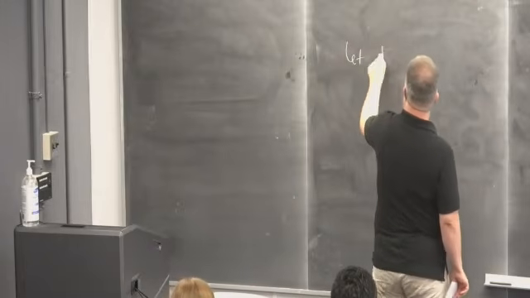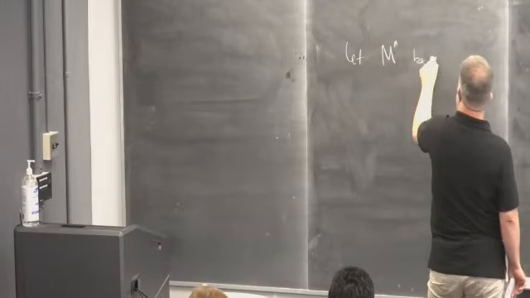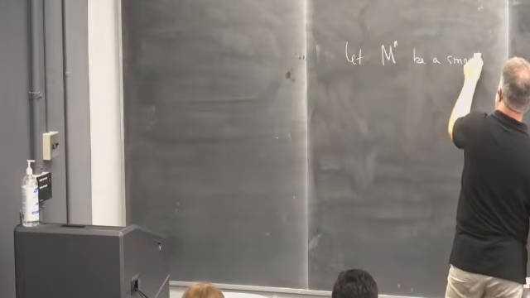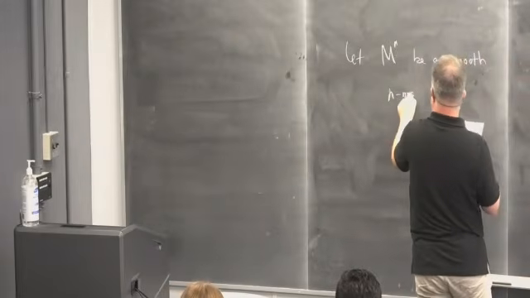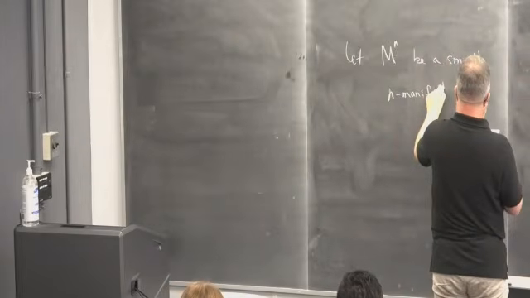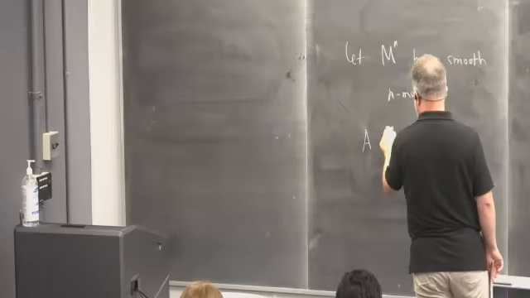Okay, so let M^n be a smooth n-manifold. What's a Riemannian metric?